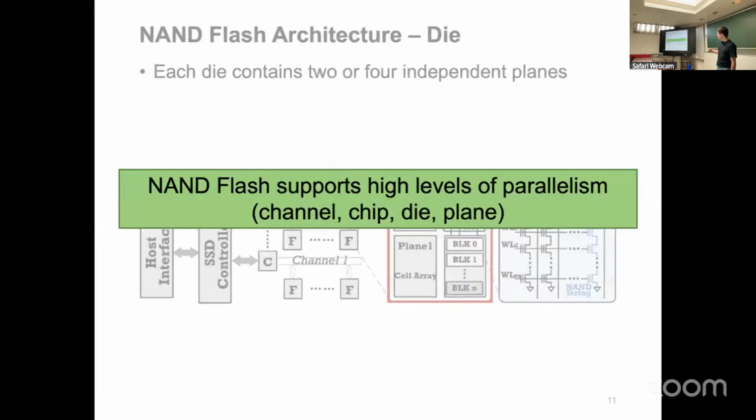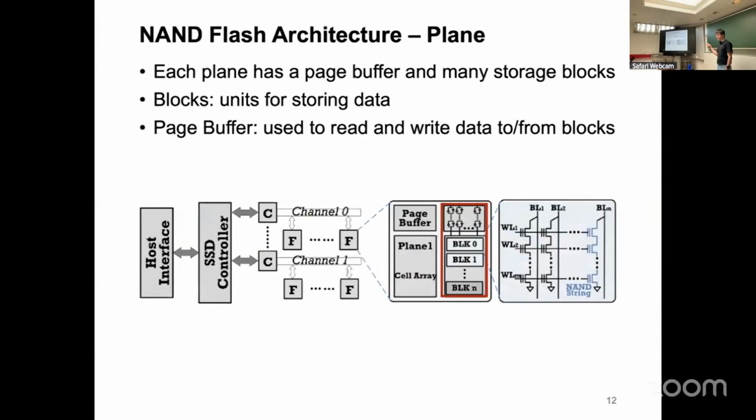So we have massive levels of parallelism that we can leverage, namely chip, channel, die, and plane level parallelism. Inside of these planes, we have a page buffer and many storage blocks. The blocks are the units where we actually store the data, and the page buffer is used to read and write data to and from the blocks.